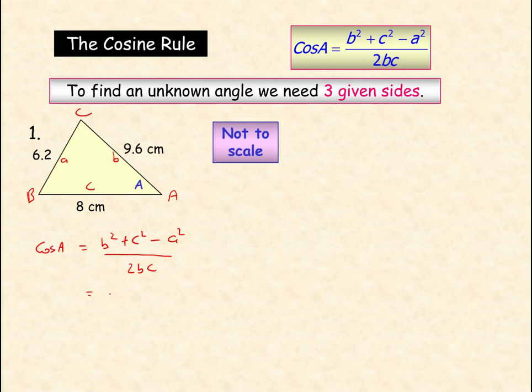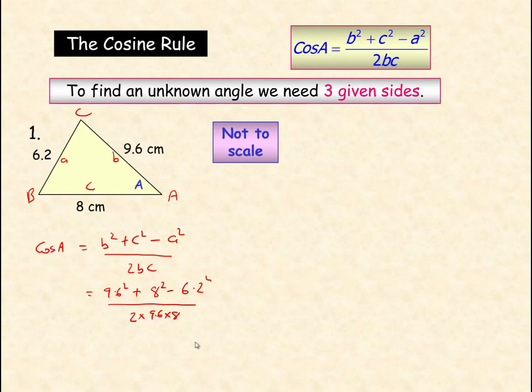So we've got 9.6 squared plus 8 squared minus 6.2 squared all over 2 times 9.6 times 8.